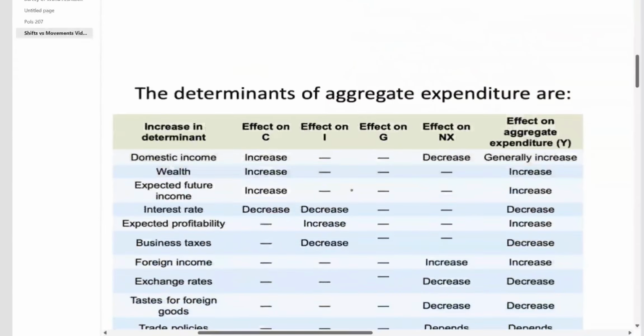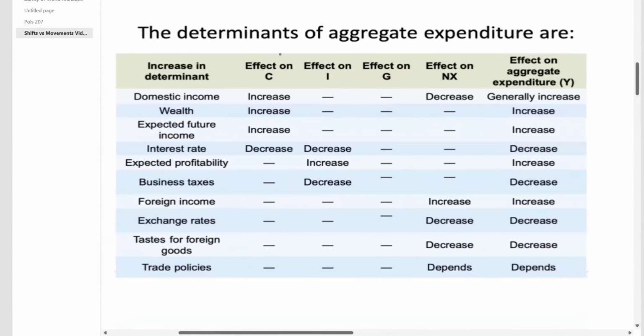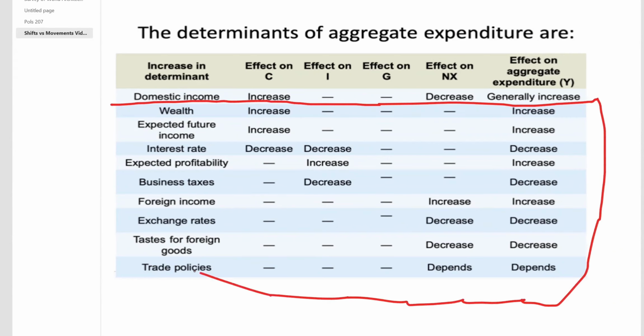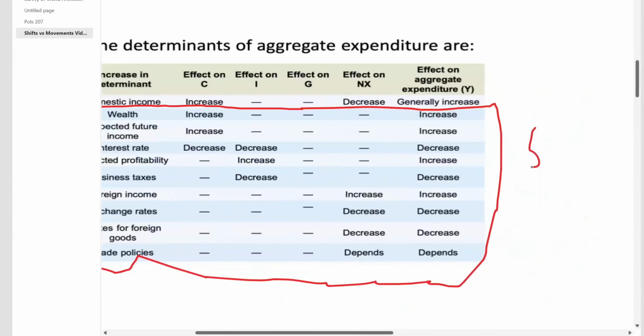Down here it says the determinants of aggregate expenditure. Everything in this big red box, let me zoom out a little bit, shifts.